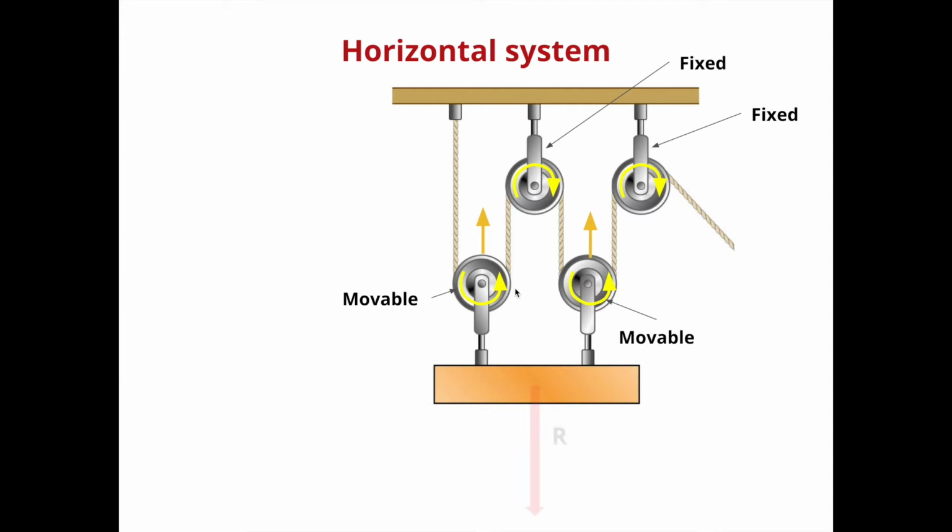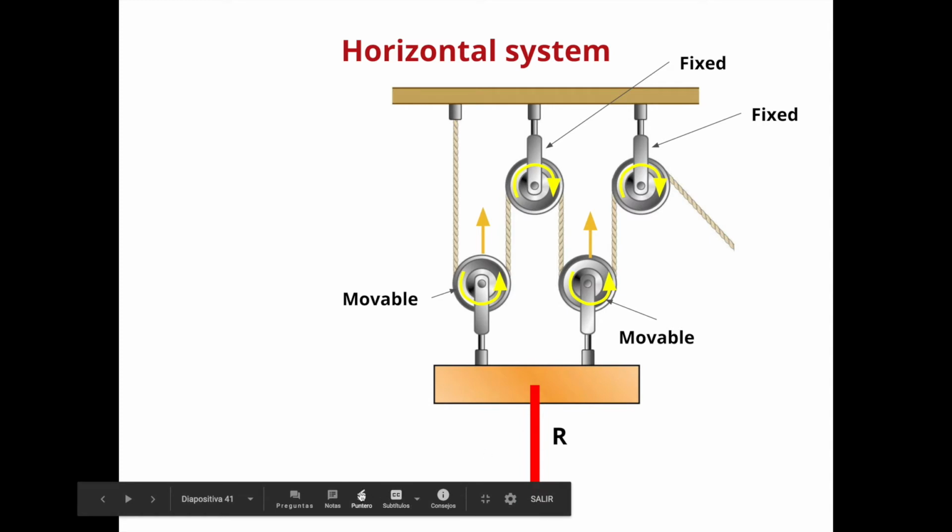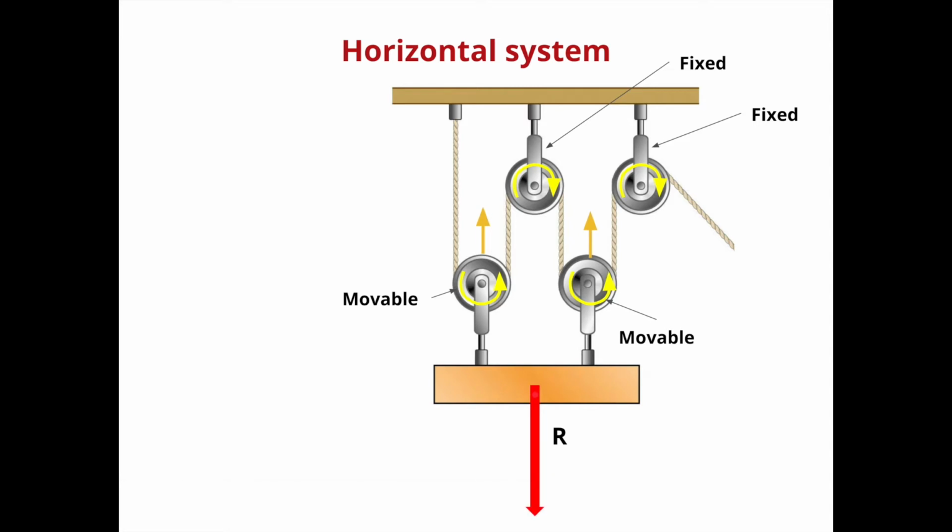Okay. Now let's see the forces and the resistance. In this case, we have this resistance, and what happens to this? This resistance is going to be shared between the different parts of the rope.